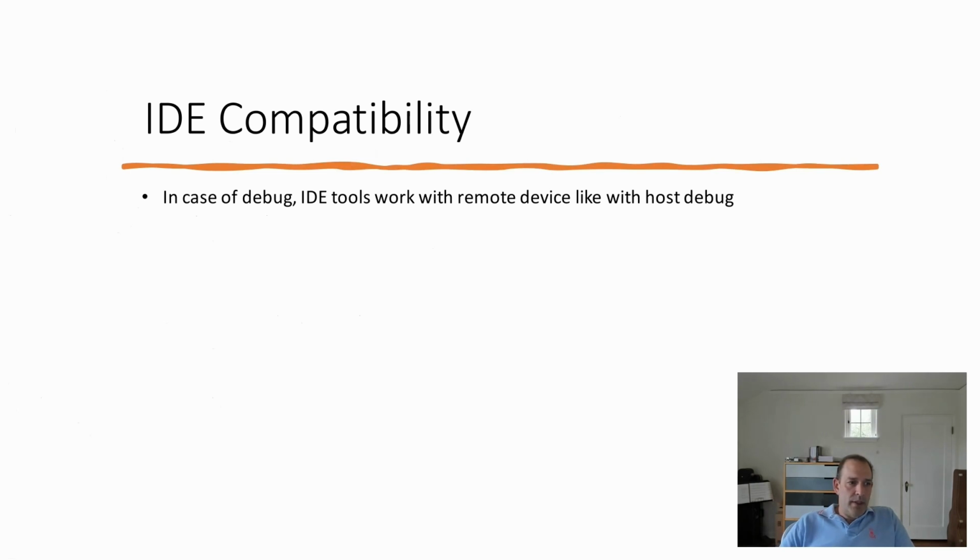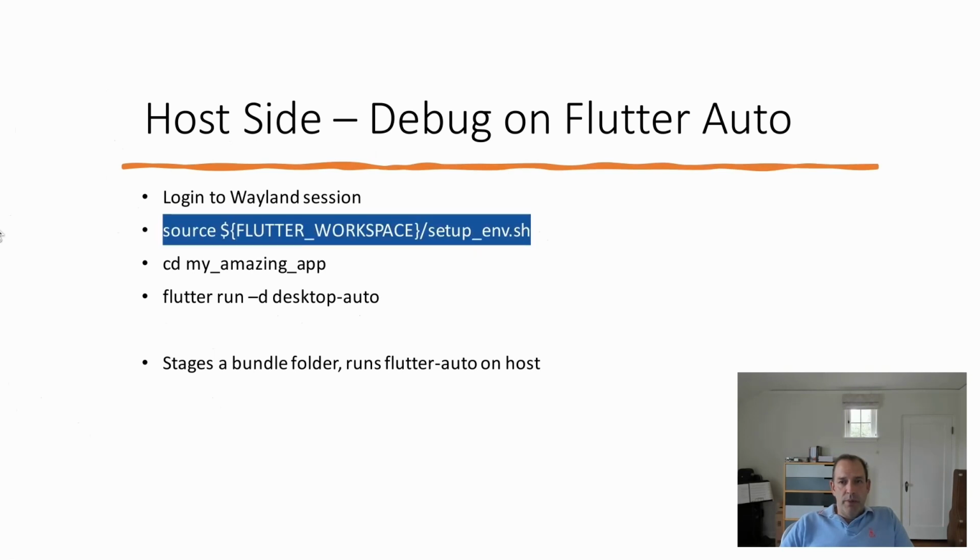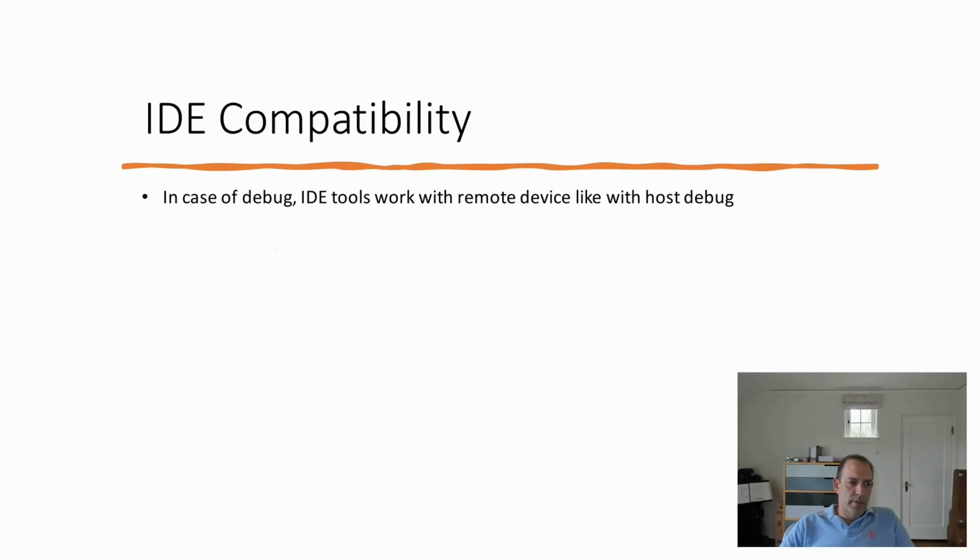So the command back here, say for instance in the case of source flutter workspace setup environment.sh, that sets your bash process environment. And then anytime after that, you can just do cd My Amazing App and then type code space dot, and that gives you Visual Studio Code with awareness of your Flutter SDK, its location and environment.